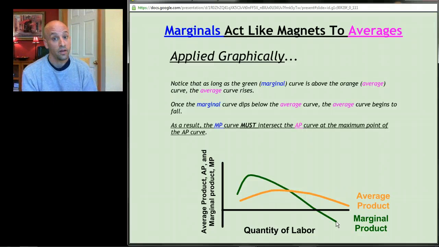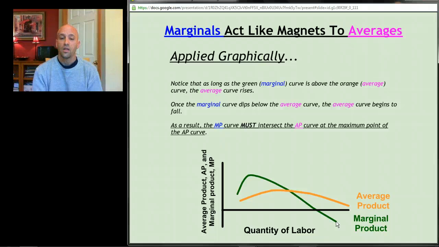As a result of that, and this is the upshot of all this, the marginal product curve has to intersect the average product curve at the very maximum of that curve. Because as long as the marginal product curve is above it, the orange line is still rising, until they meet. And as soon as they meet, and thereafterwards, the marginal product curve is underneath the orange line, and it's pulling it down, down, down.